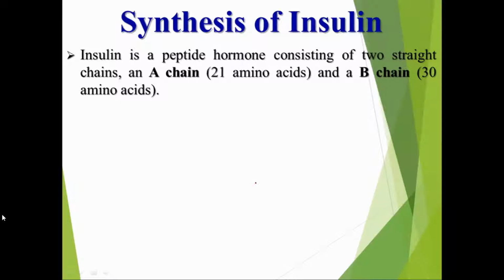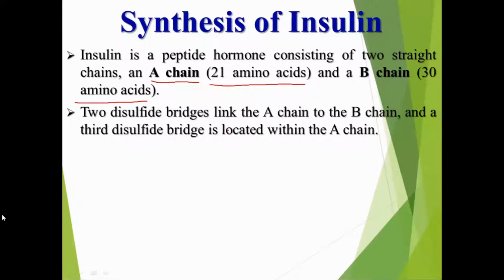In the synthesis of insulin, let's say insulin is a peptide hormone, as we have already said, consisting of two straight chains: an A chain having 21 amino acids, and a B chain having 30 amino acids.